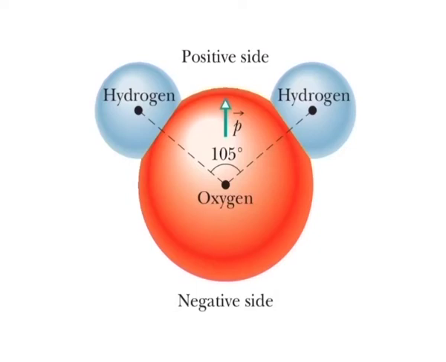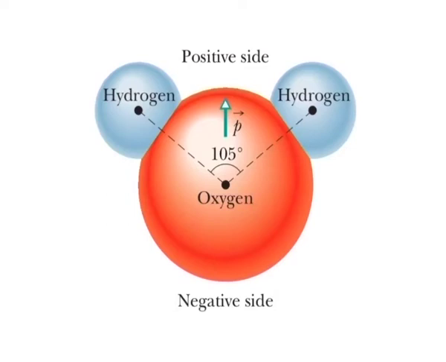In a water molecule, the 2 hydrogen atoms and the oxygen atom do not lie on a straight line, but form an angle of about 105 degrees. As a result, the molecule has a definite oxygen side and hydrogen side.